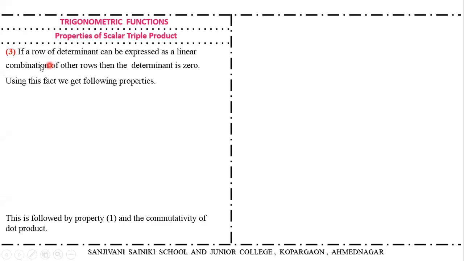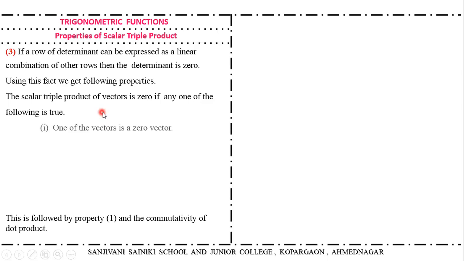The third property is, if a row of a determinant can be expressed as a linear combination of the other two rows, then the determinant is 0. Using this fact, we get the result: the scalar triple product of the vectors is 0 if any one of the following is true.